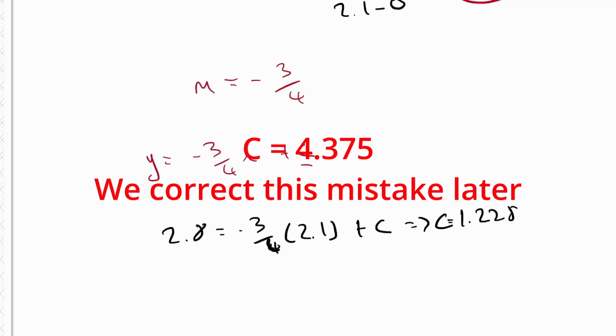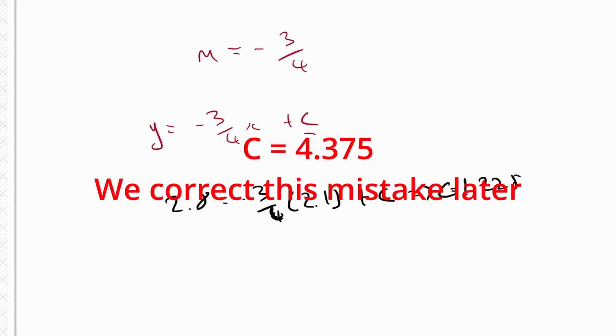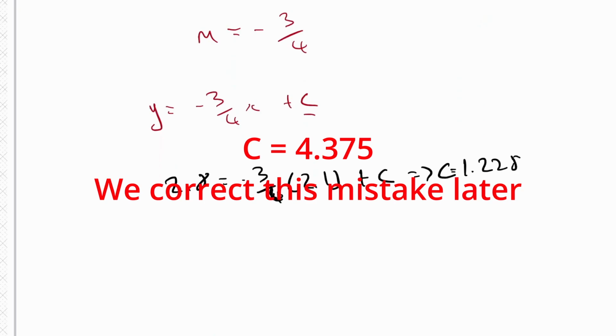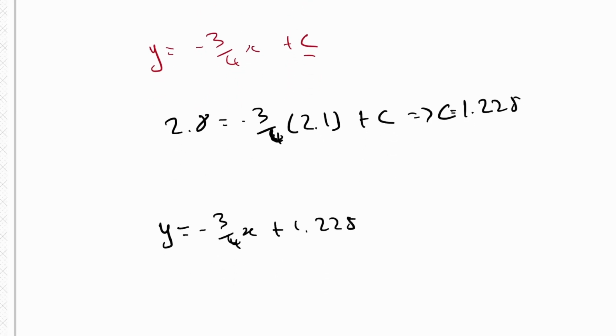1.225. Okay. Then finally, we need it in the form ax plus by equals c, where a, b, and c are integers. So we can rewrite this then, that y equals minus 3/4 x plus 1.225. And then essentially we want to rearrange for our form that we wanted.